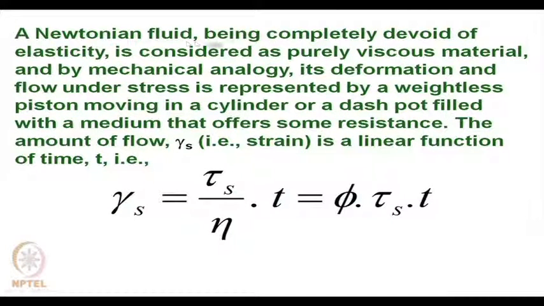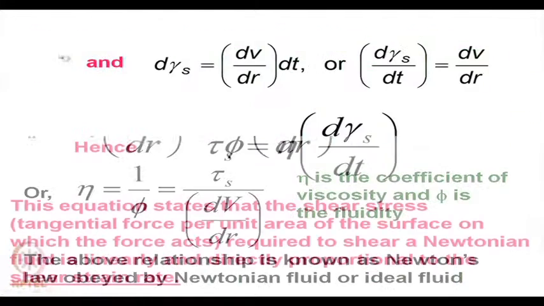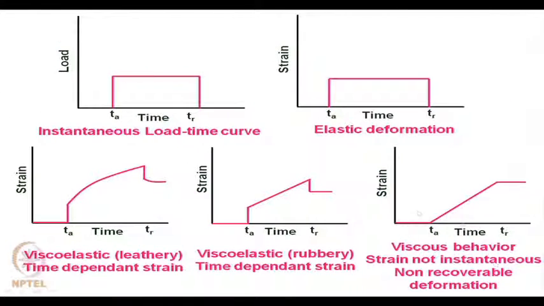So, a Newtonian fluid, being completely devoid of elasticity, shows a continuous deformation, as we have seen in this diagram, the viscosity behavior of an ideal liquid, a linear increase of strain with time.